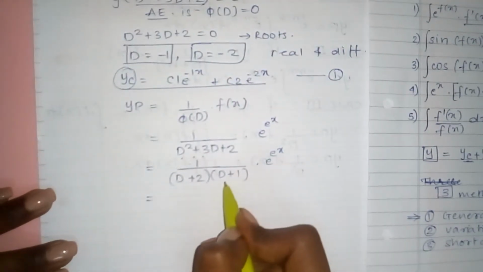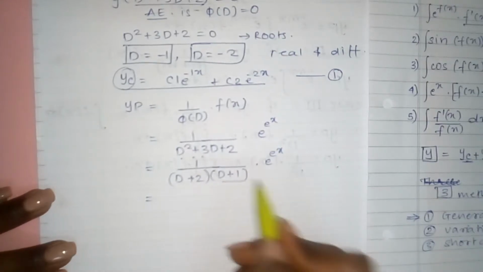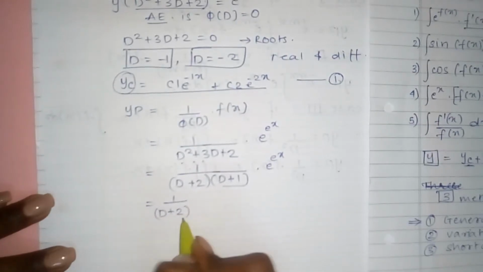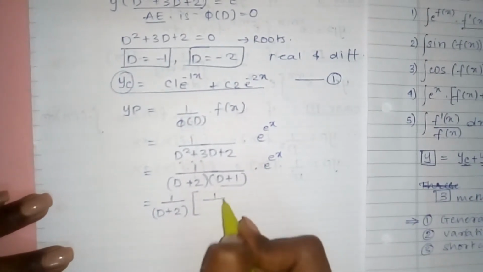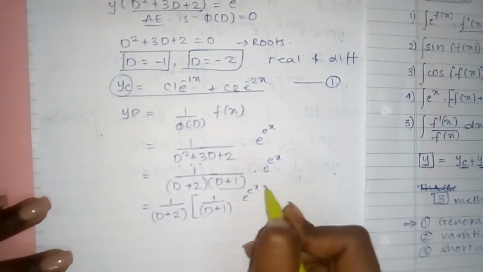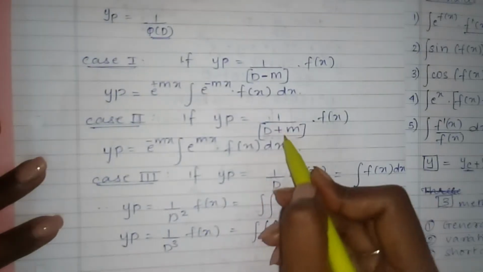First we can take the smallest term, that is D plus 1. We can keep 1 upon D plus 2 outside, in the whole bracket 1 upon D plus 1 into e raised to x.